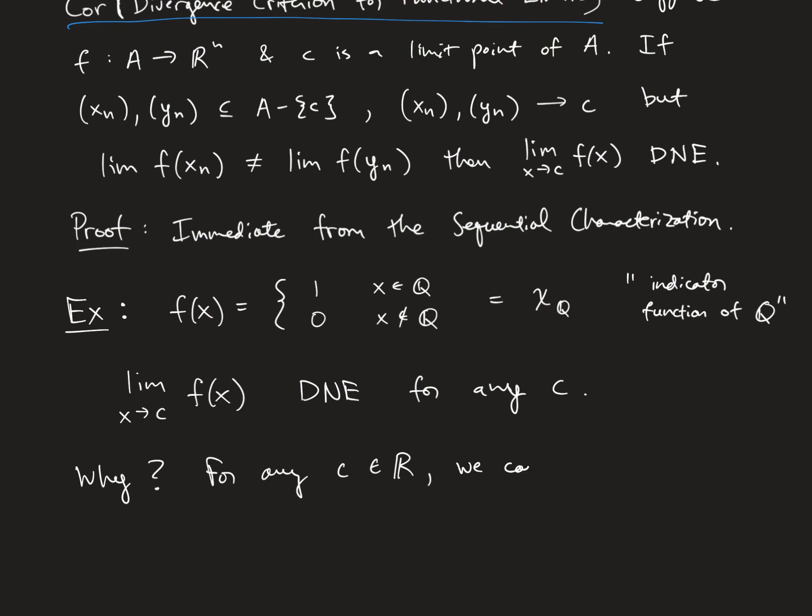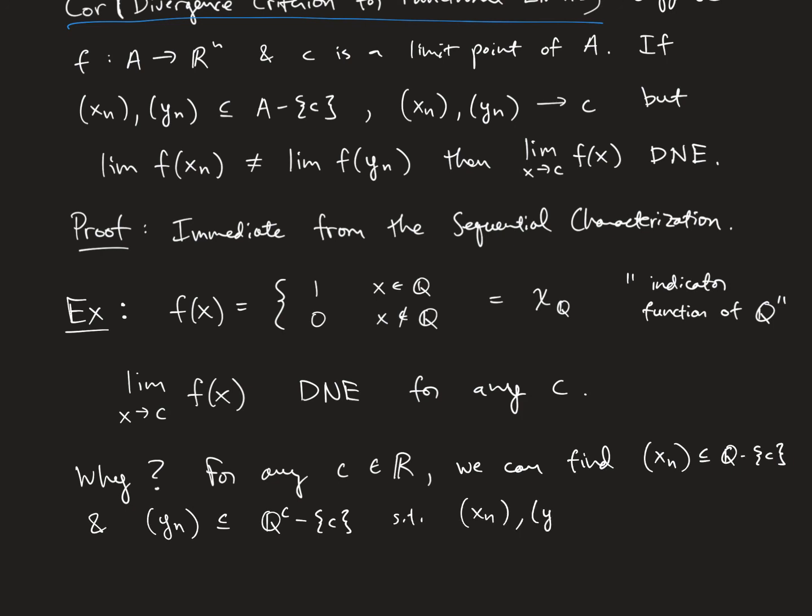So we can find a sequence xn of rationals, rationals that are not the number c, and yn, which is in the complement of the rationals, so the irrationals, minus this c, such that xn and yn both go to c.